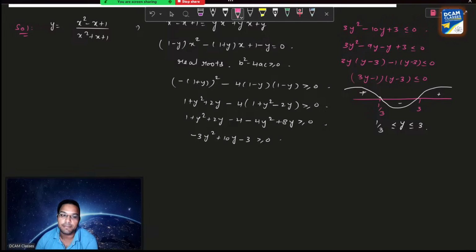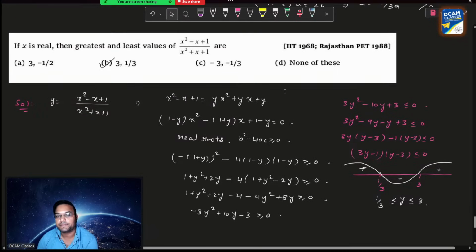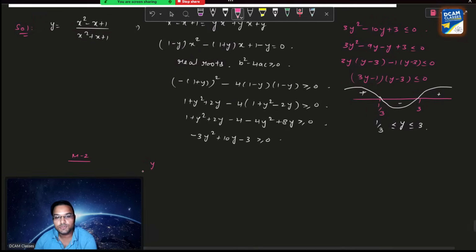See, the second method that you usually use is maxima and minima. You assume y is equal to x square minus x plus 1 by x square plus x plus 1. Then the first step is finding dy by dx, which is y dash.